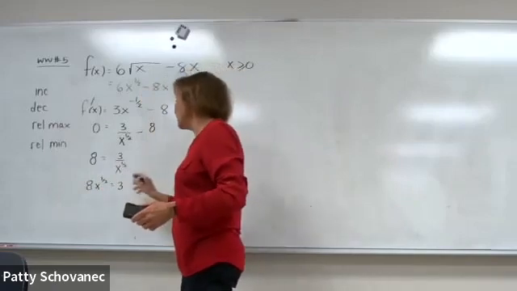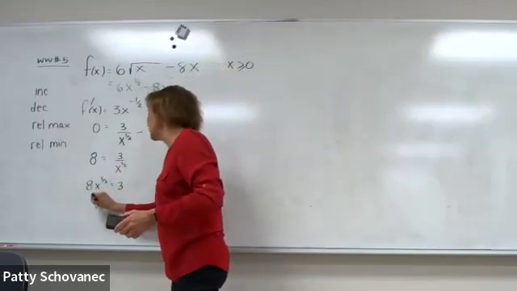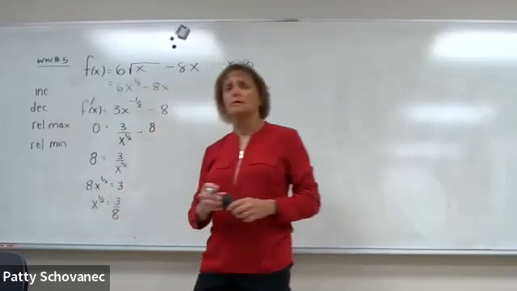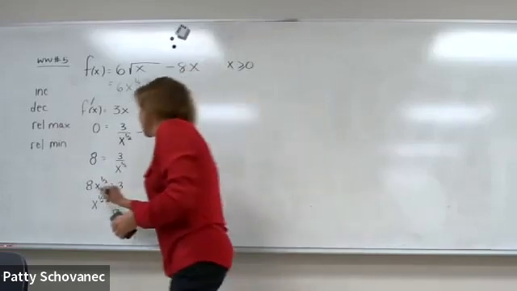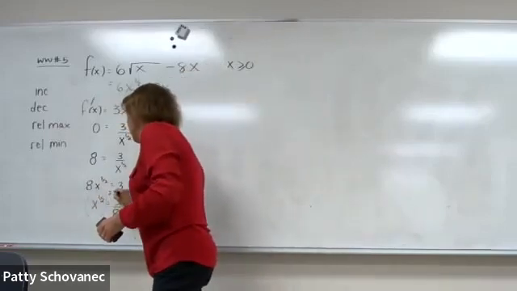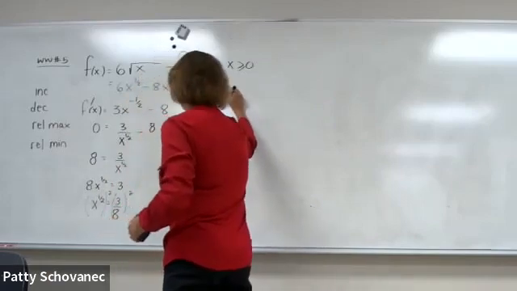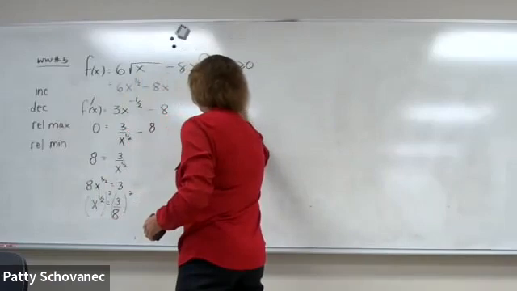And now instead of getting the 3 to the other side, get the 8 to the other side. So x to the 1/2 is equal to 3/8. What do I do to solve for x? Square both sides. Square it over here, square it over here. And so we get a critical number of 3 squared is 9, 8 squared is 64.